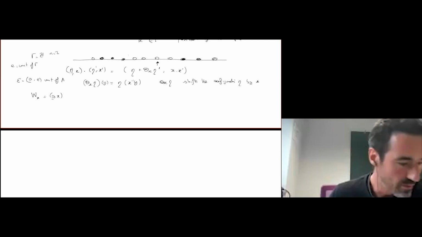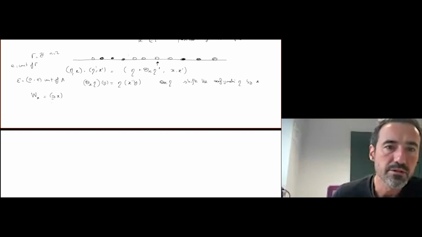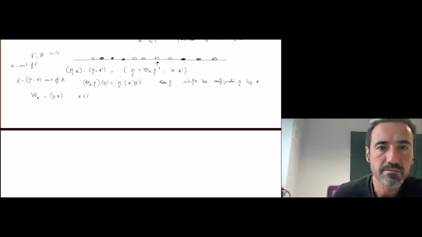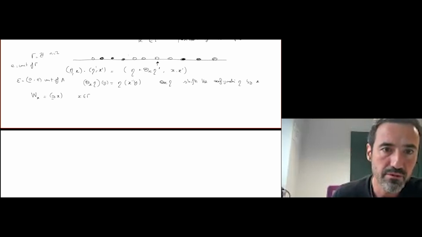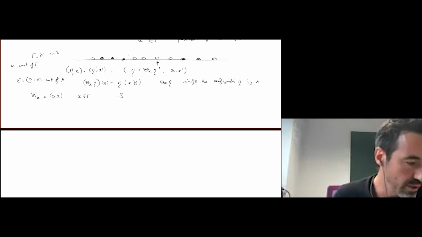The work element: you take x in gamma, and you simply take the empty configuration of lamps, but the worker is at position x. This is called a work element, Wx.